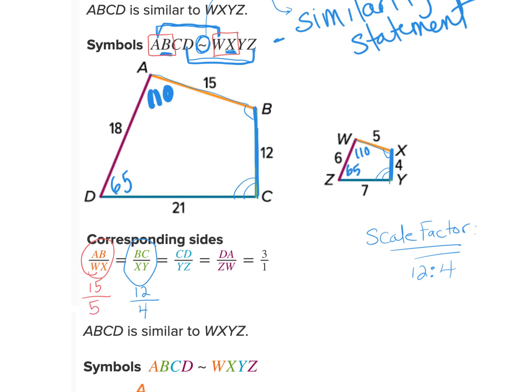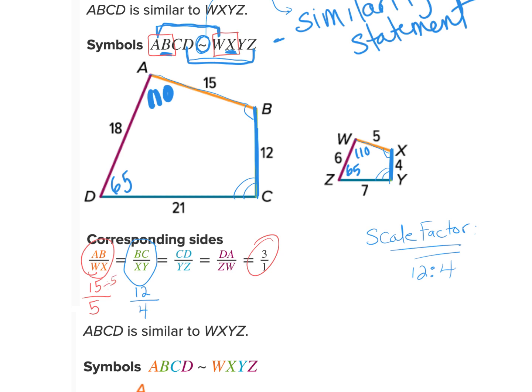Okay. Now with a similar figure, the ratio between all the side lengths will be the same. So how are these the same? 15 over 5 and 12 over 4. Well, if I reduce them, I will get 3 over 1 for both.